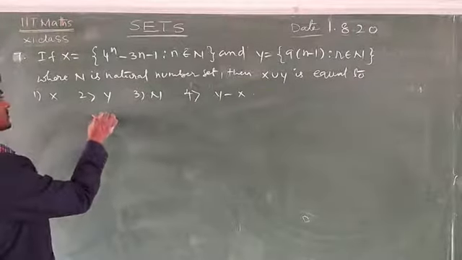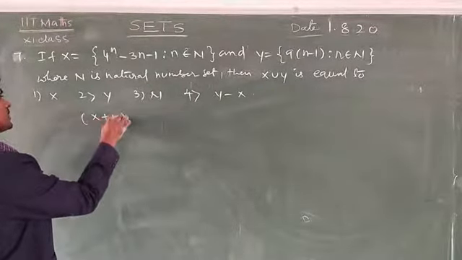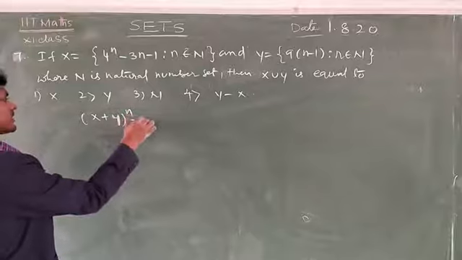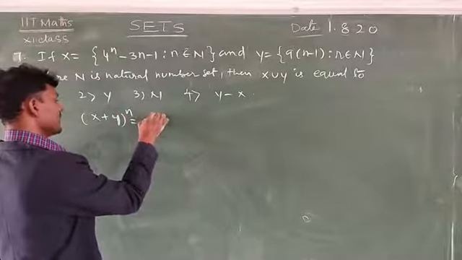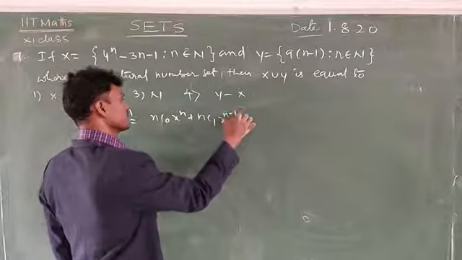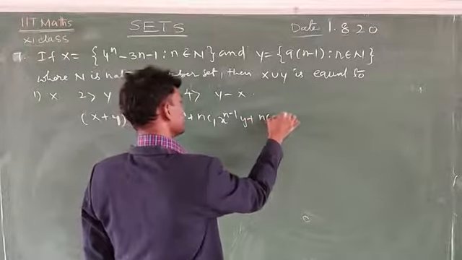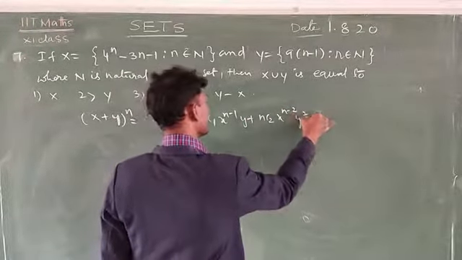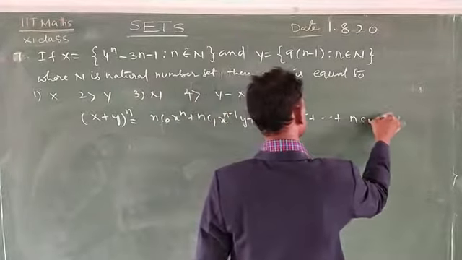Okay, here first we have to see the binomial expansion of (x plus y) to the power n, which is written as nC0 x^n plus nC1 x^(n-1) y plus nC2 x^(n-2) y^2, up to so on, nCn y^n.